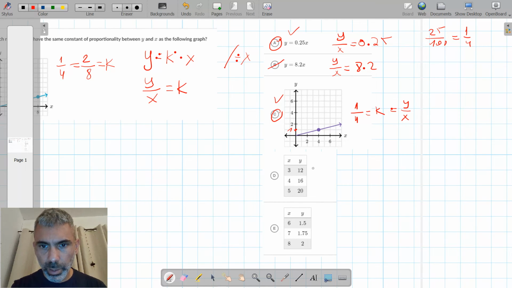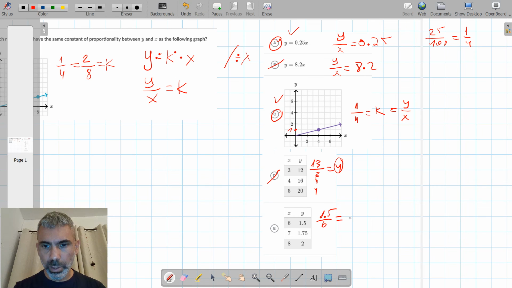D, 12 divided by 3 is 4 and not 1/4. 16 divided by 4 is 4 and 20 divided by 5 is 4. So here the constant of proportionality is 4 and not 1/4. So D is incorrect.